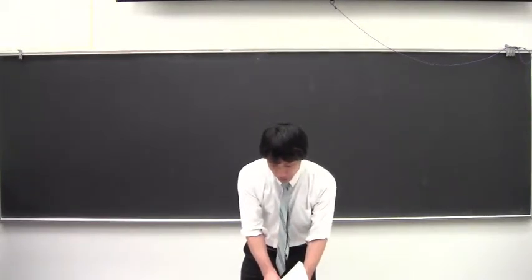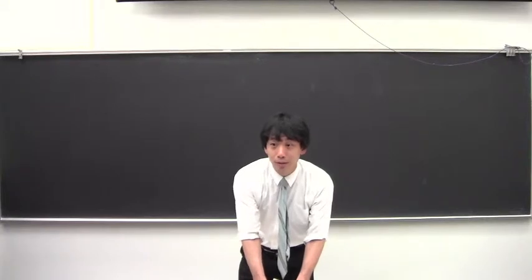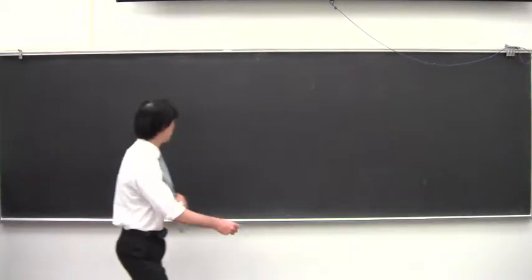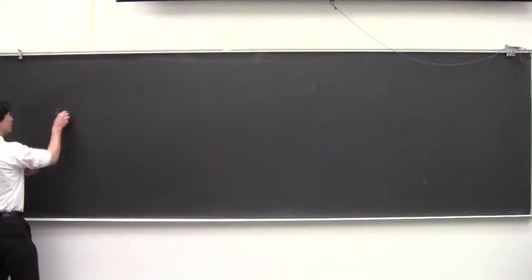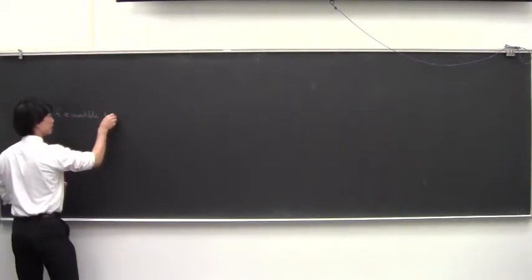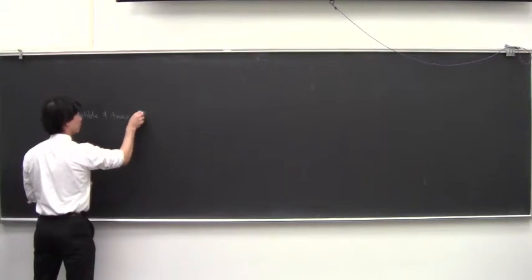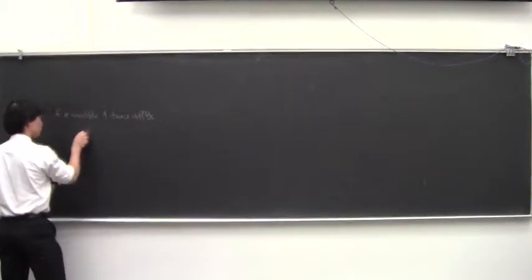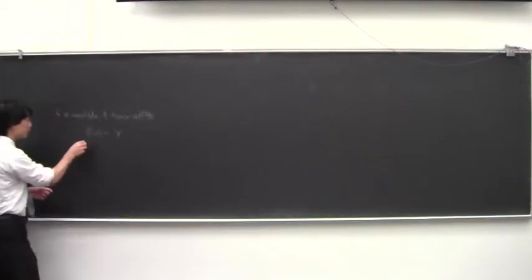Okay, my question was, suppose that f is invertible and twice differentiable, and f of c equals gamma, some number, and f prime of c is not equal to 0.